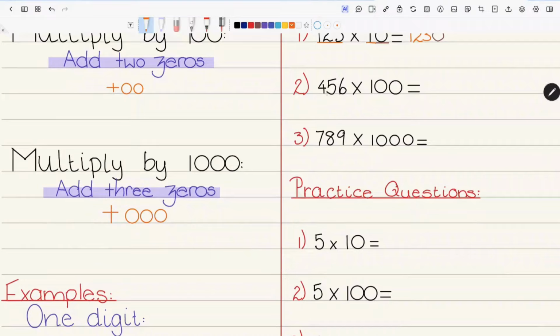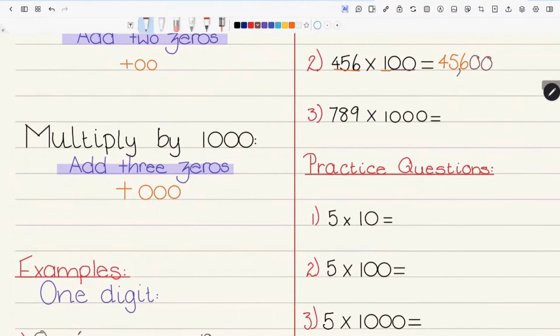Moving on. You have 456 times 1, which gives you what? 456. And how many zeros are there in 100? 2. So you add 2 zeros, which gives you 45,600.